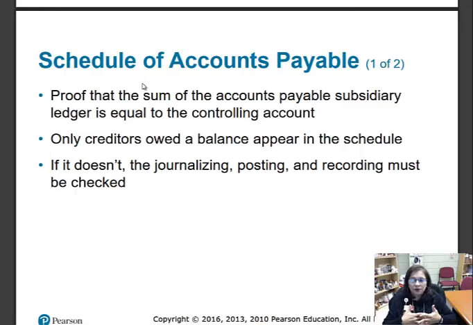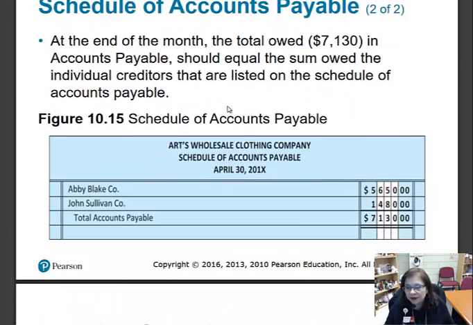They must equal. Only creditors owed, only the ones that we owe, are supposed to be there. If it doesn't balance, then of course we go back and check. This is a way of making sure we know how much we owe going forward into the next month.